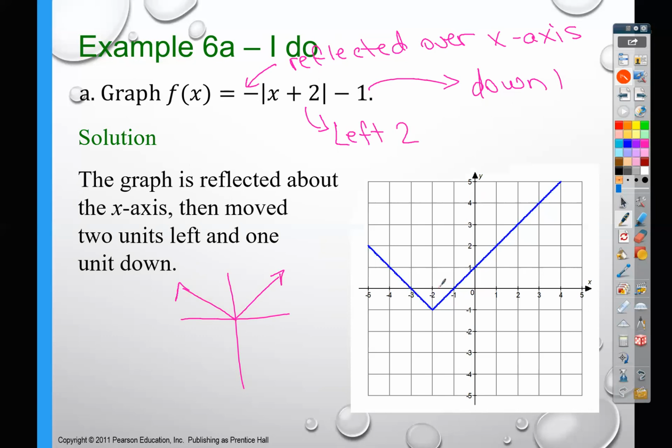But now we're going to go to the left 2, so 1, 2 to the left, 1 down, and then this is actually wrong because it's going to be reflected down like that. So my graph is correct. You go to the left 2, down 1, and then reflect it over the x-axis.